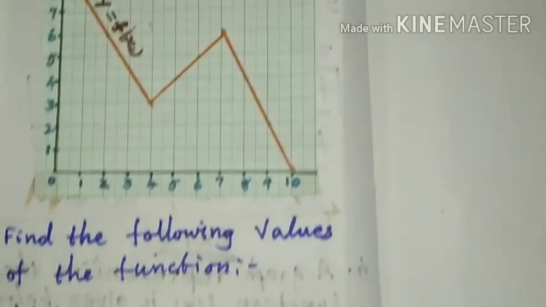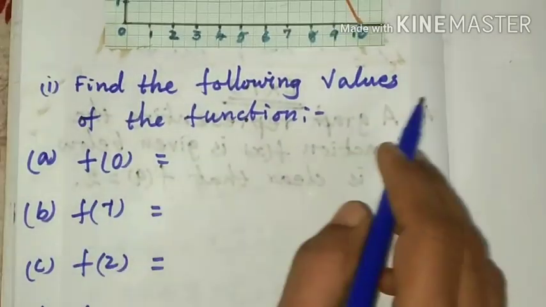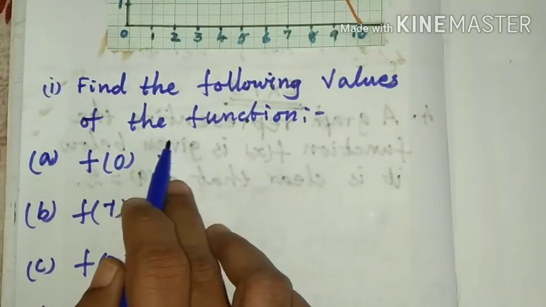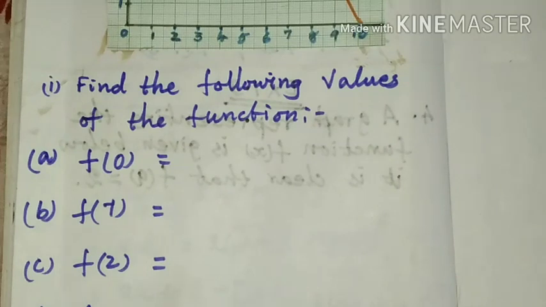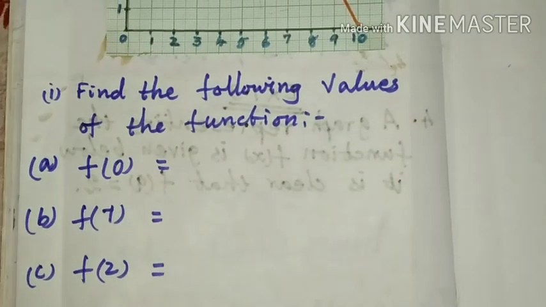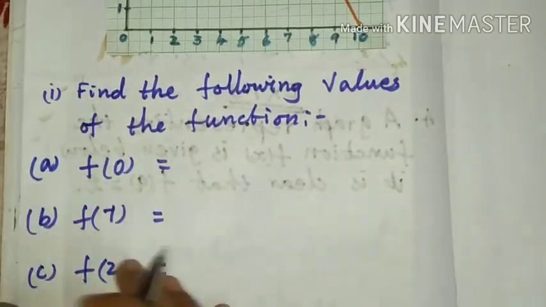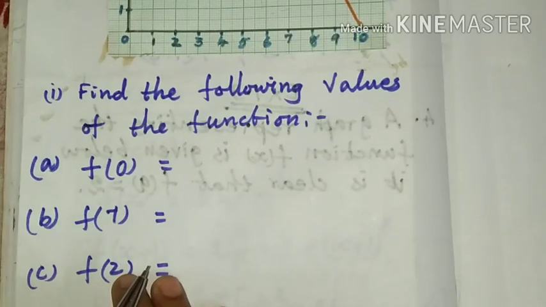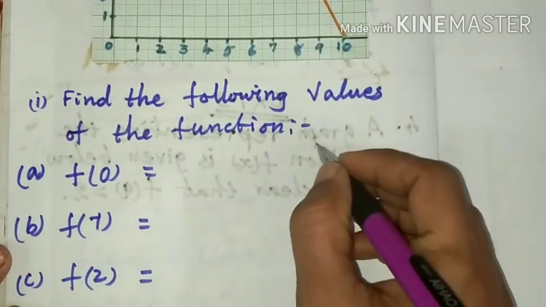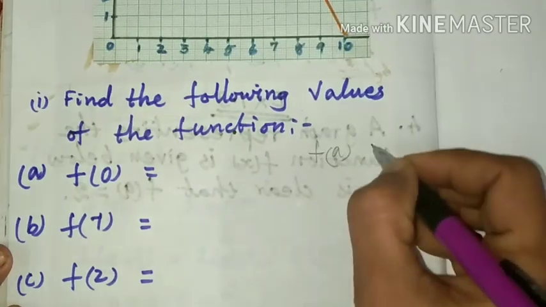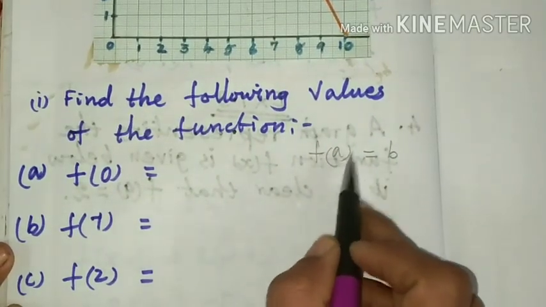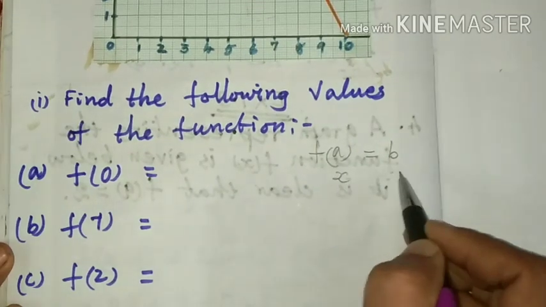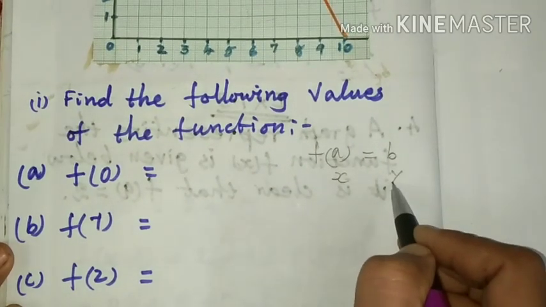So now come to the first subdivision. Find the following values of the function f of 0. See here a equal to f of b. In the node point already we know that f of a is equal to b. So which means a belongs to x coordinate and b belongs to y coordinate.